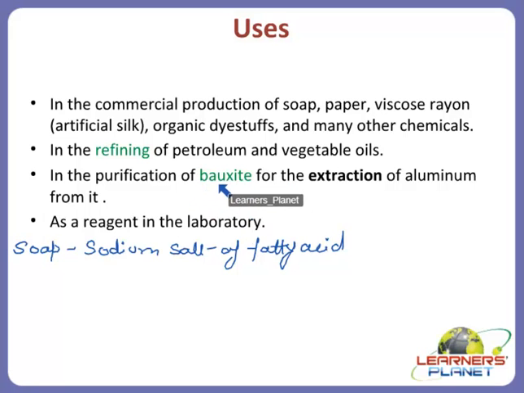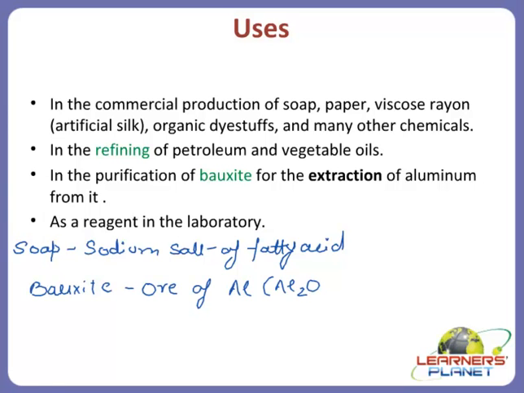Now this bauxite is a new term for you, right? What is this bauxite, children? Bauxite is an ore of aluminium, and its formula is Al2O3.2H2O.